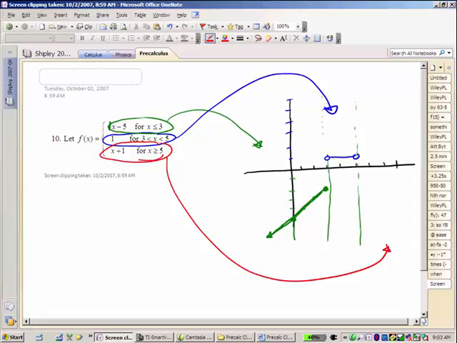When x is 5, the function's equal to 6. 1, 2, 3, 4, 5, 6. So that's all the way up here. And then my function's going to have a slope of 1 from there. So it's going to look something like that. And that's my red zone. Do you see how each piece has a different definition based on what the function says?